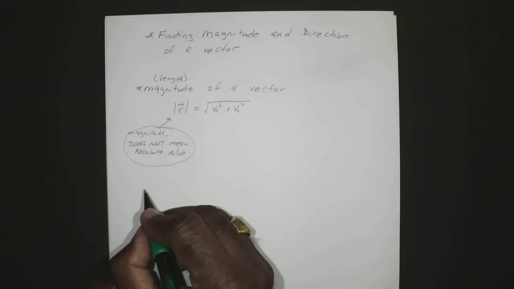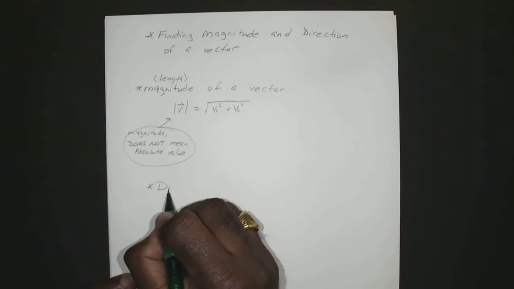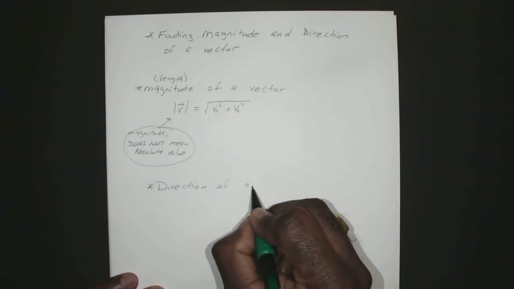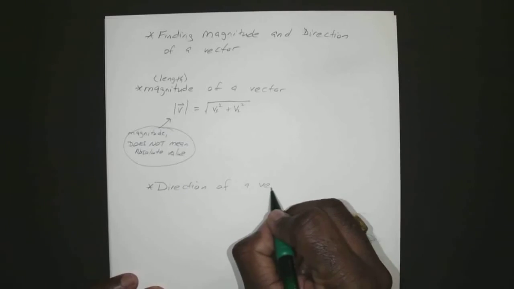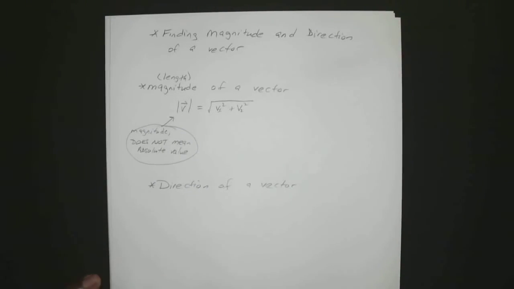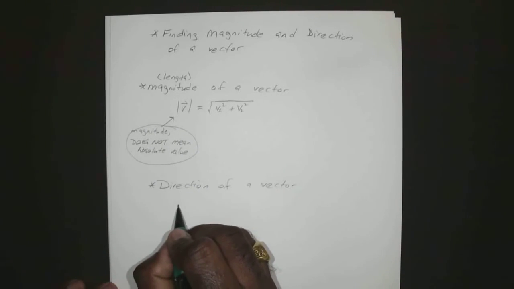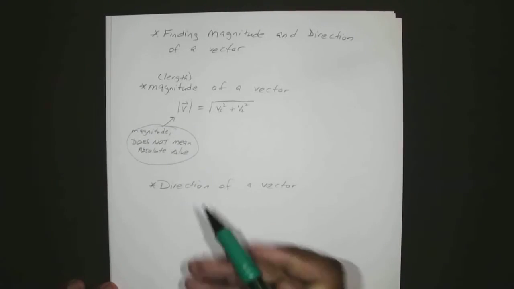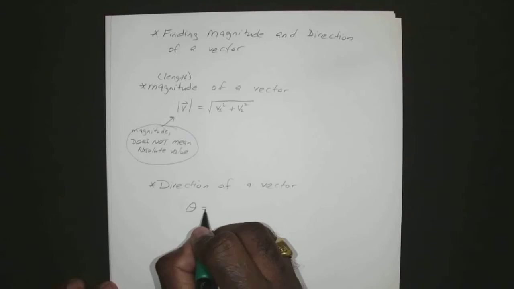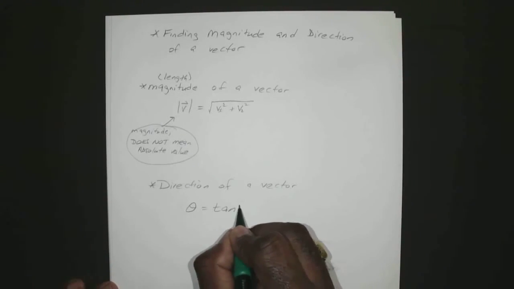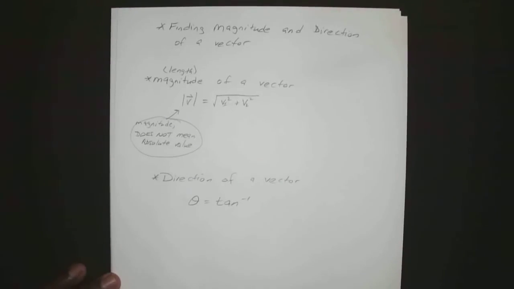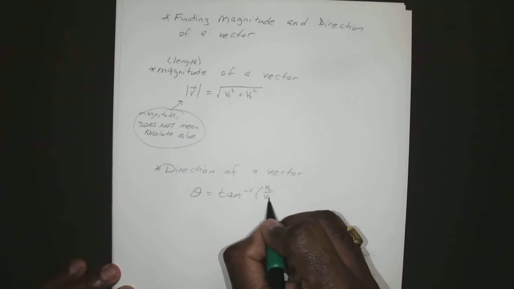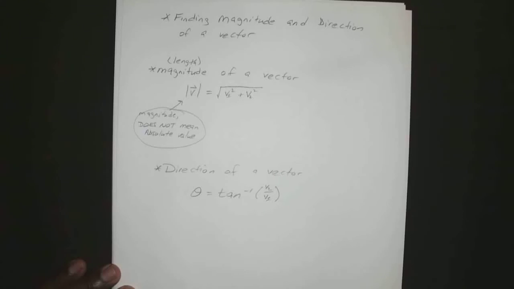Okay. Now the direction of a vector, we're going to use the same tangent inverse that we've used already. But that's the tangent inverse of the second component divided by the first component.